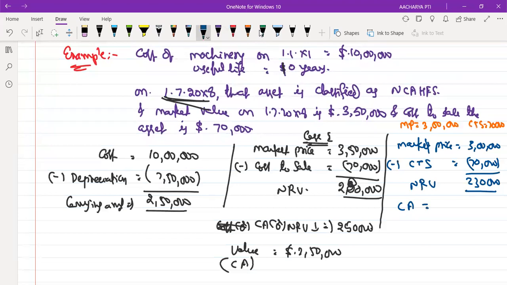Here the carrying amount is 2,50,000 and the NRV is 2,30,000. Whichever is less, we have to show the non-current asset held for sale at 2,30,000.